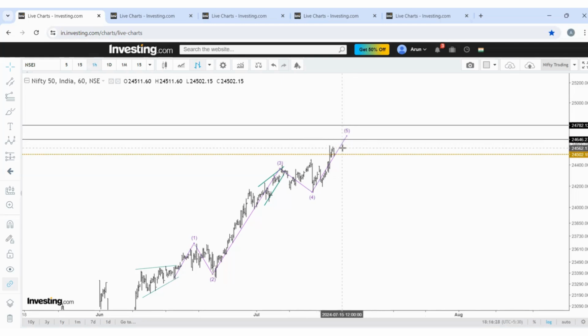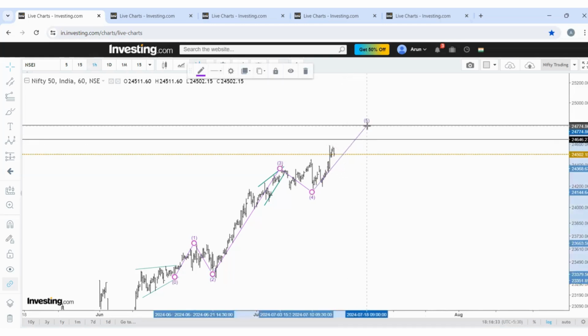If the price moves sideways, there is a possibility of still one more high. But if it rejects here and the decline takes a fast route, then we can assume that 24,650 is the end of this particular impulse. This is the idea, and I also showed the daily chart, the reason why I am expecting some sort of pause or correction.